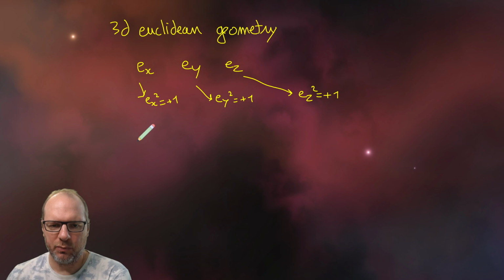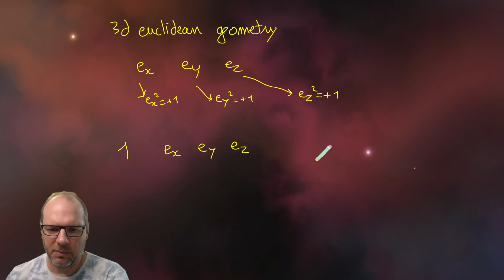When I multiply these numbers, as a result I can have just a number, for example 1 or 5. We can have e sub x, e sub y, e sub z.